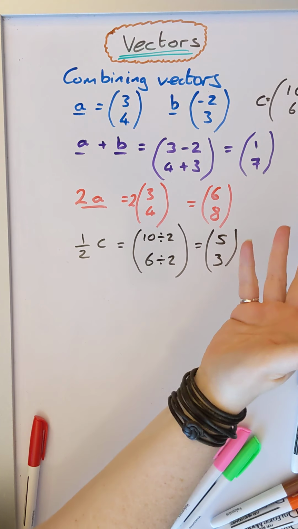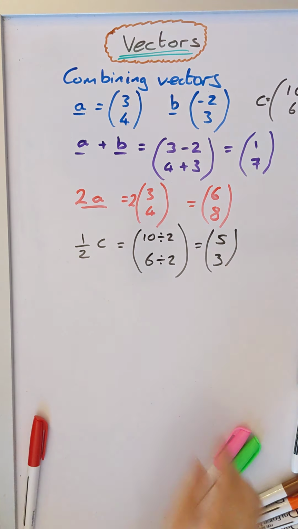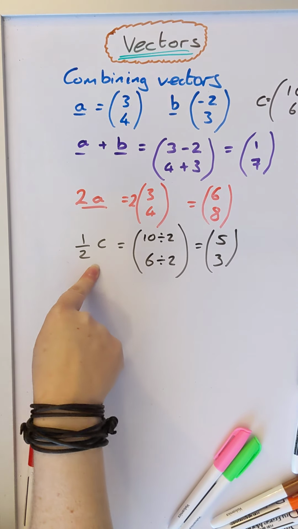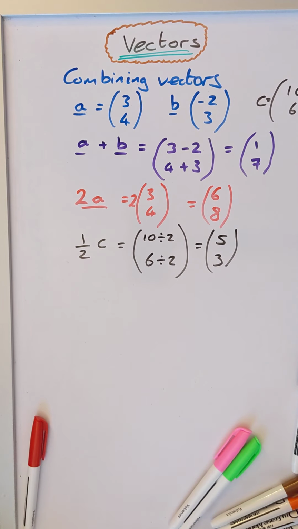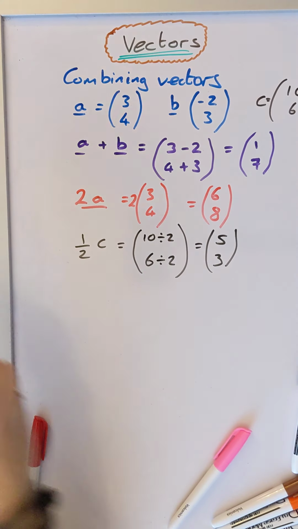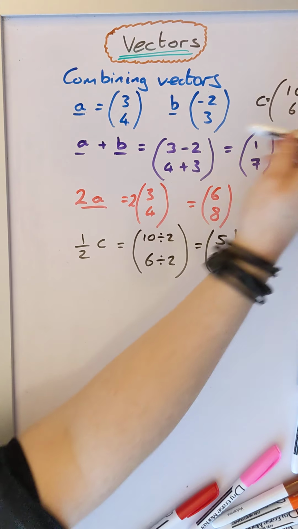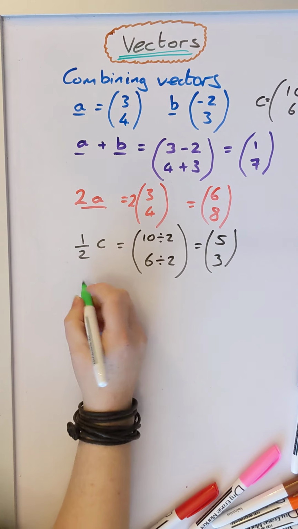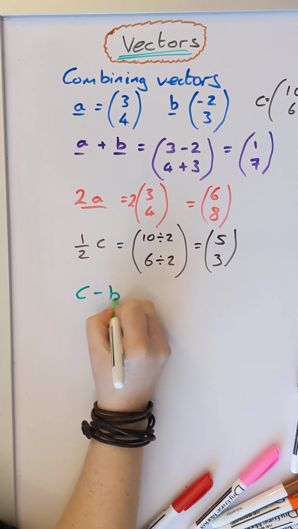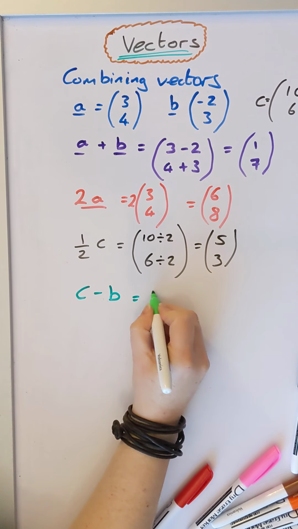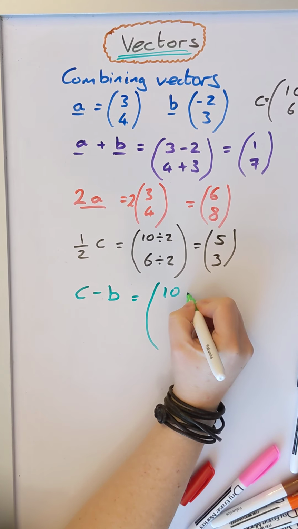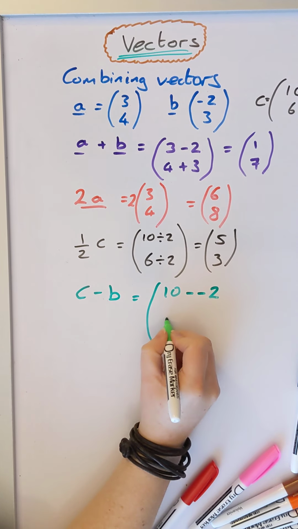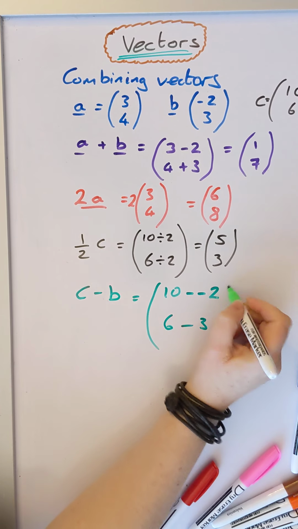I can also subtract vectors. So we've added, we've multiplied, we multiplied by fractions, which is similar to dividing. And our final step is to subtract. So if I have vector C, subtract vector B, C minus B, that gets me 10 minus 2 and 6 minus 3.